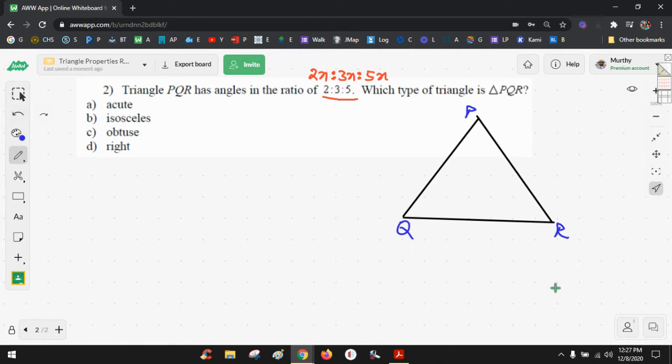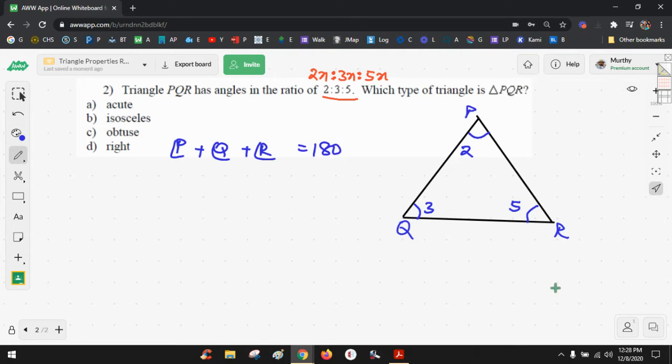But if I take angle P as 2, angle Q as 3, angle R as 5, we know that the sum of three angles of a triangle is 180. Therefore, angle P plus Q plus R equals 180.